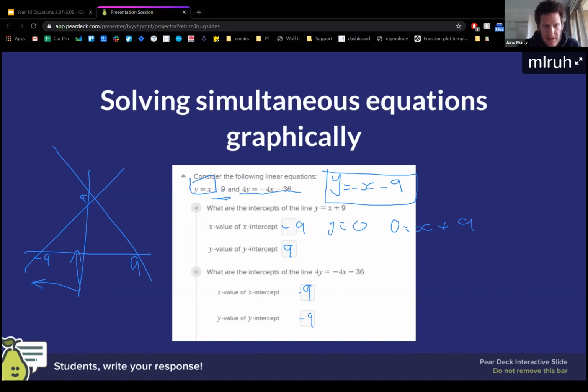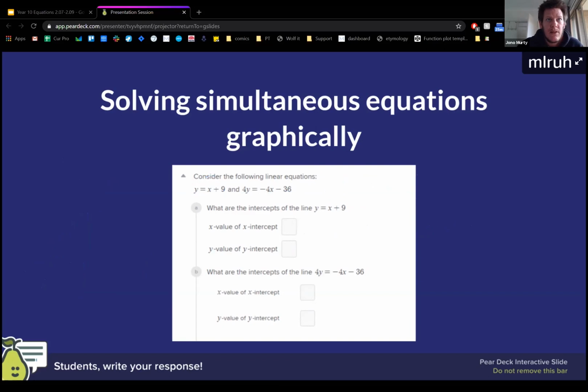So let's just clear everything. Let's draw it again. So if this is my graph, I have y equals x plus 9, which is this point here, 9, minus 9.